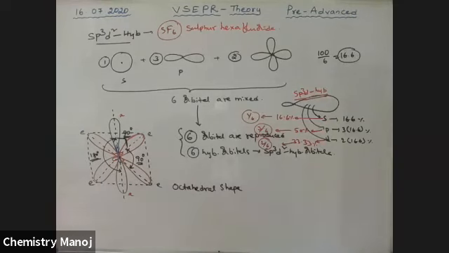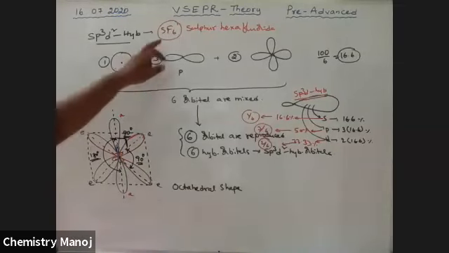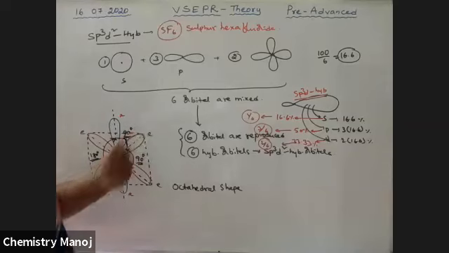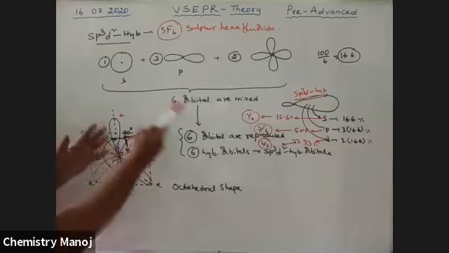Now what happens in sulfur hexafluoride? Hybridization is always at the central atom. Here the sulfur is the central atom that is involved in hybridization, and that hybridization is sp3d2.